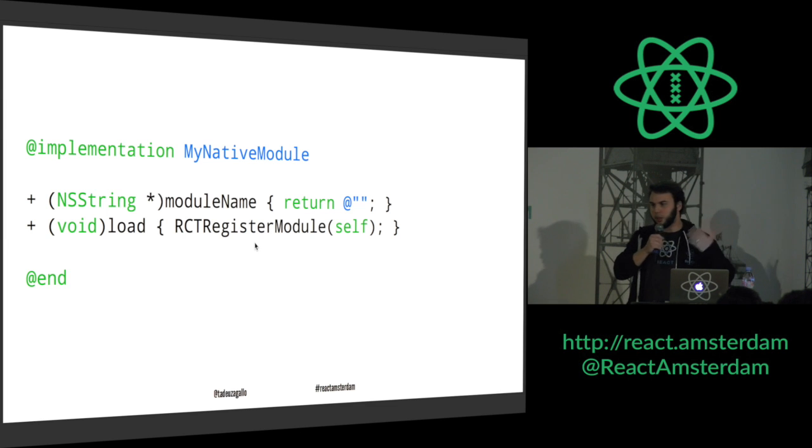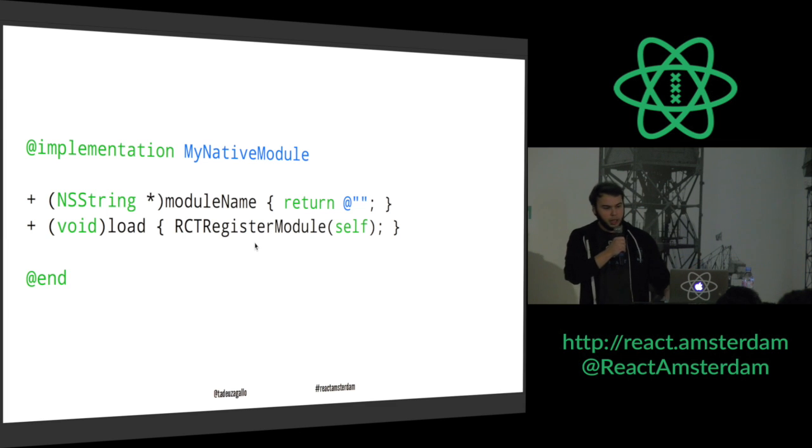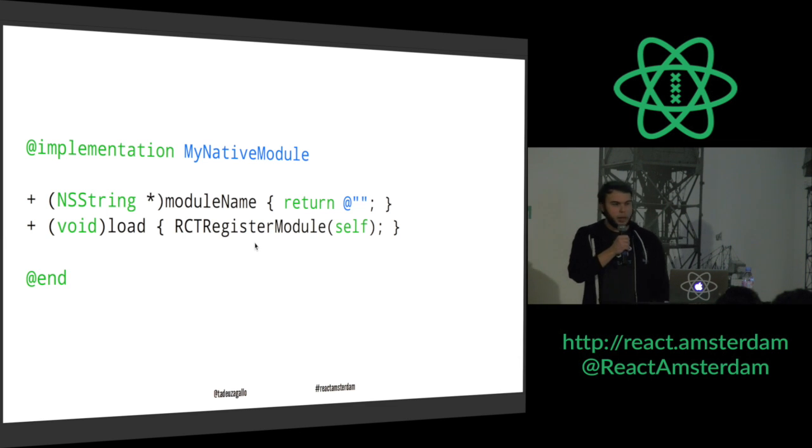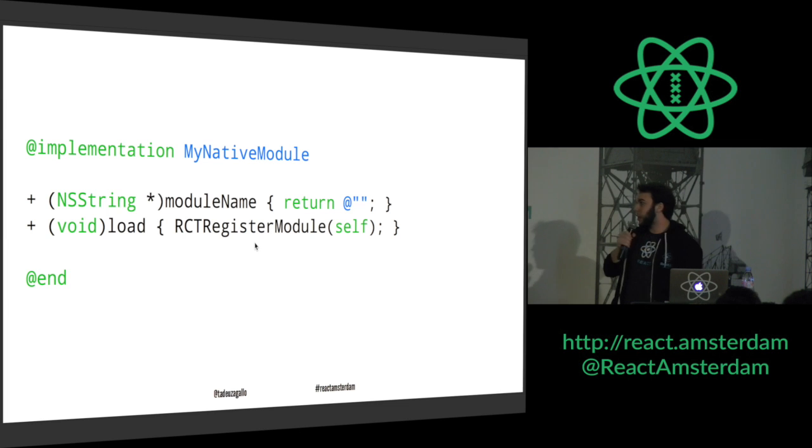The first one is not really important in this context, but it's just an alias for the module. If it's empty, like in this case, which is the most common case, it will just use the name of the class. That's my native module in the example. And the load method is a special method in Objective-C that will be called as soon as your class is loaded into memory.